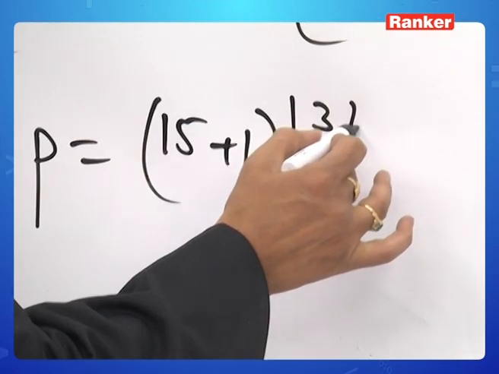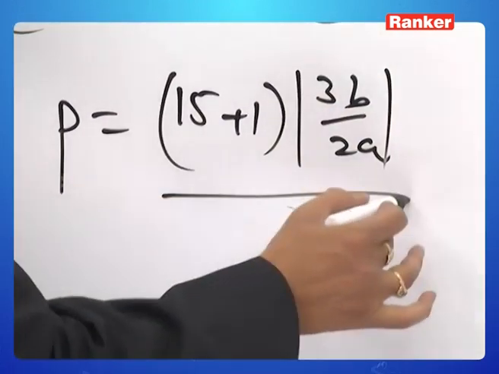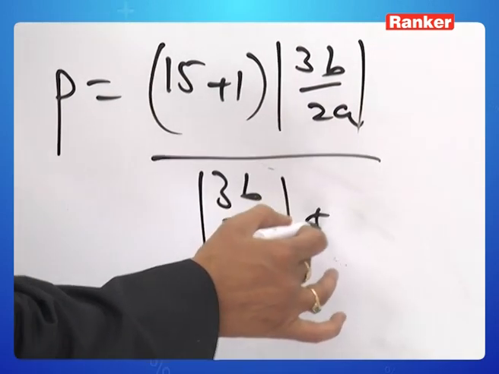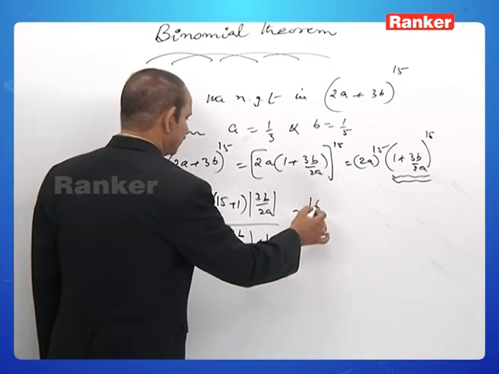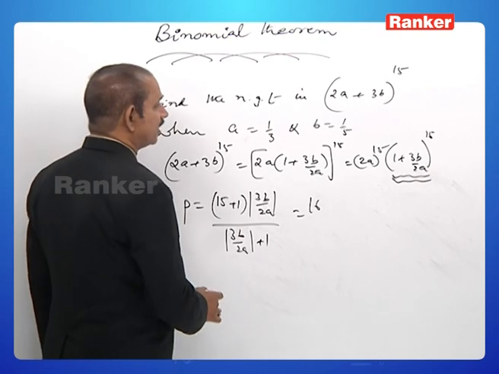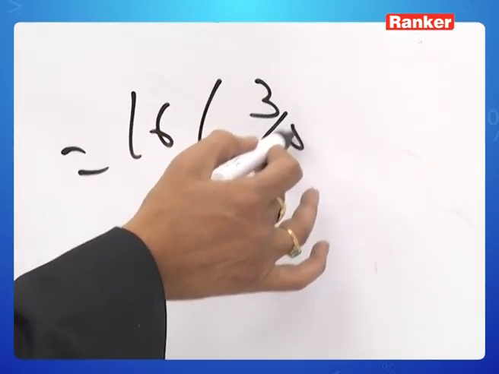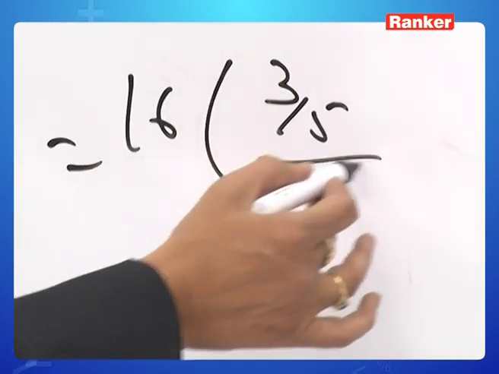What is the quantity which is in the place of x? 3b by 2a, by mod 3b by 2a plus 1. What is 15 plus 1? 16. What is 3b? b is 1 by 5. 3b is 3 by 5. 2a, a is 1 by 3. 2a is 2 by 3.